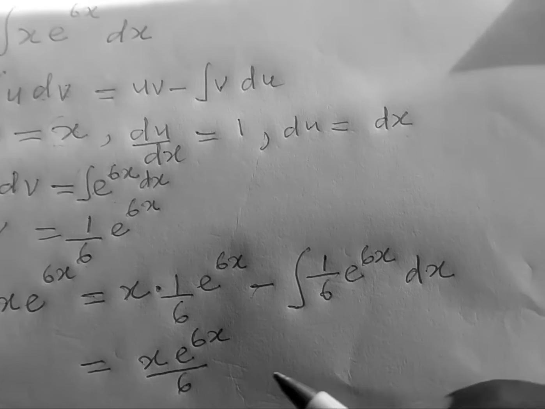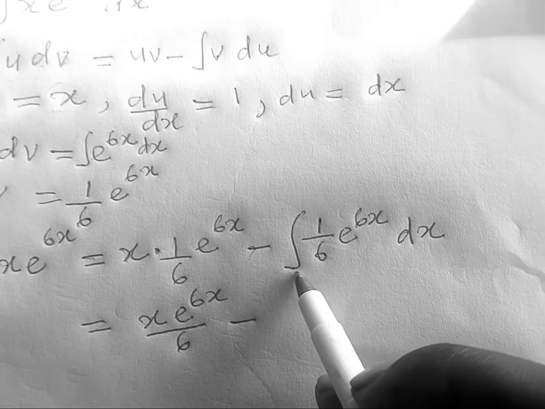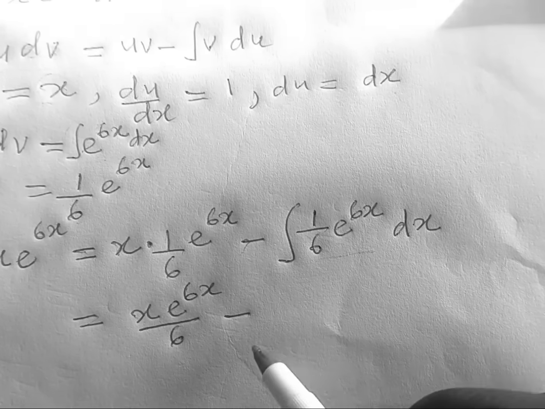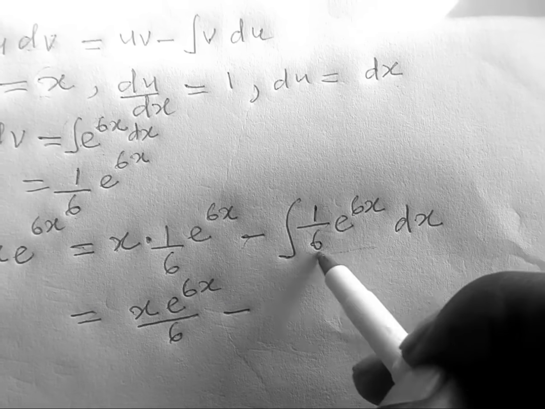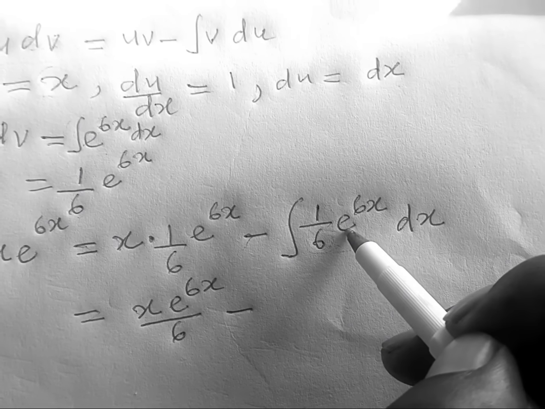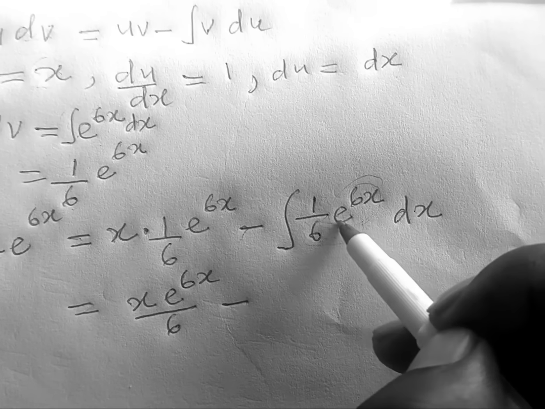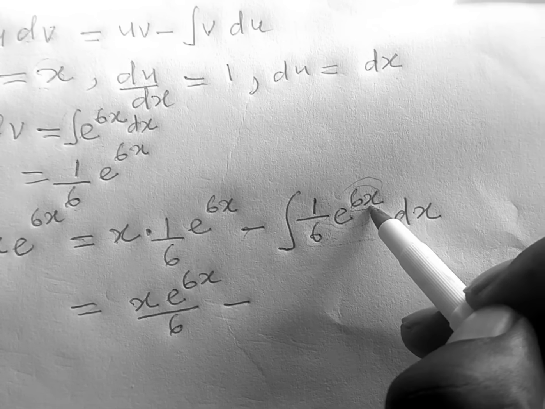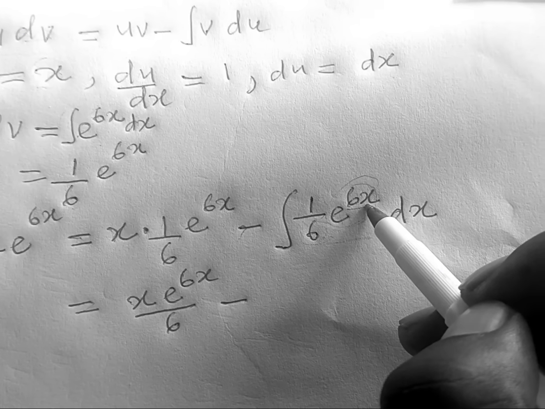So we simplify, which is equal to x e to the power 6x over 6 minus, we integrate this part. We know that 1 over 6 is a constant, so we integrate e to the power 6x by differentiating the power. Like before, if we differentiate 6x, we get 6.